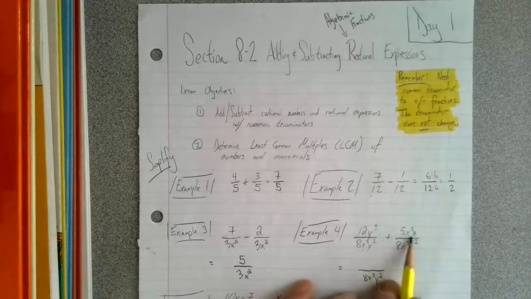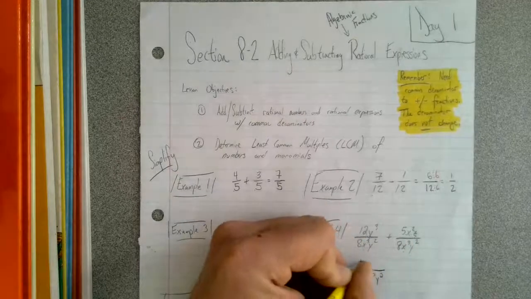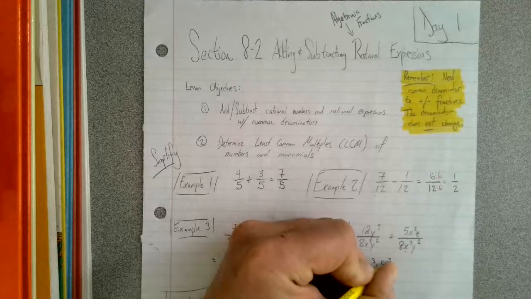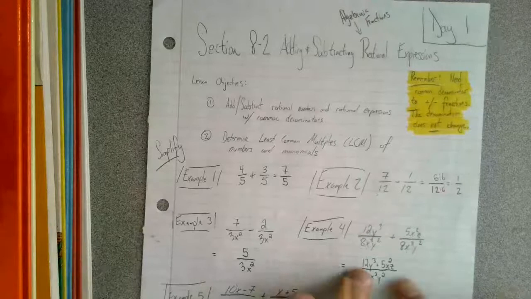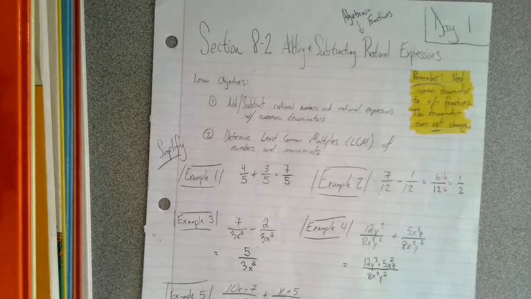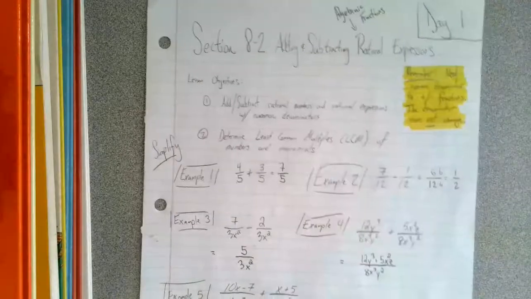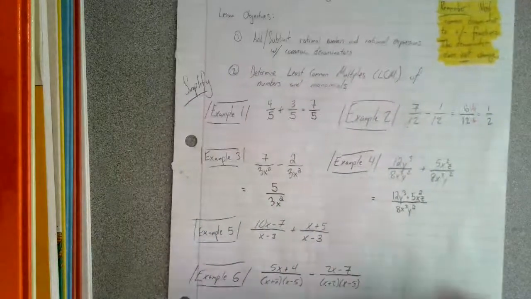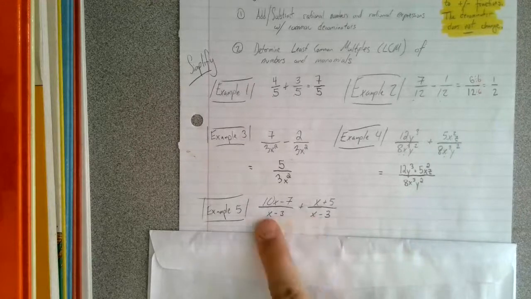Now, because these are not like terms, we are just going to put them together in the same fraction. We can't add these together because they're not like terms, and so we are going to leave this fraction as it is. Moving on.